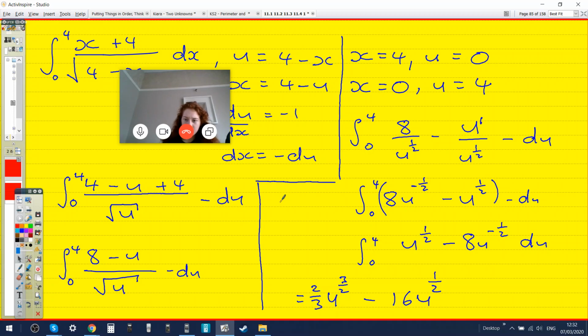Does the du need to be changed? Oh no, we've already done that. Do we need to input the 4 and the 0? Yeah.